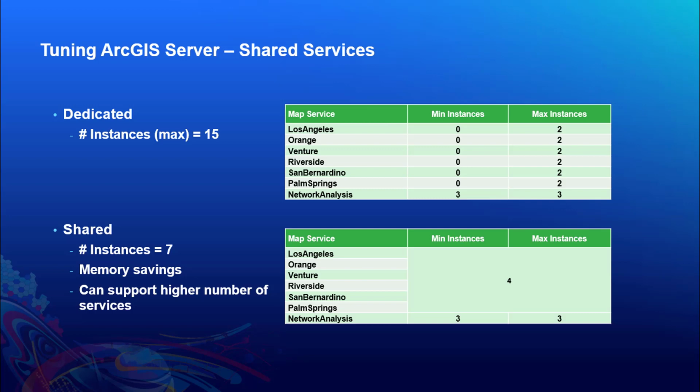But we can only go up to 2 concurrent ArcSOCs for the majority of these services. However, under the shared pool model, we are only using a maximum of 7 running instances, and our memory savings is essentially half in this example, but we can still support a higher number of services in this grouping, and there's no startup penalty that we have to wait for these services, as we have 4 instances always on, ready to service the requests as they come in.